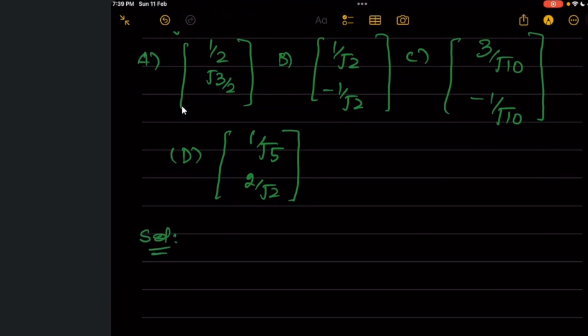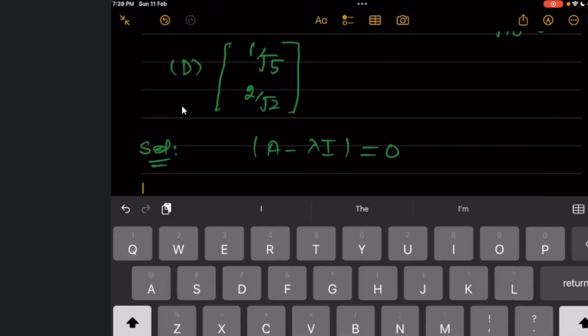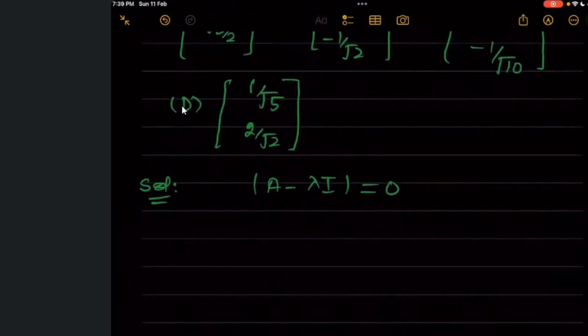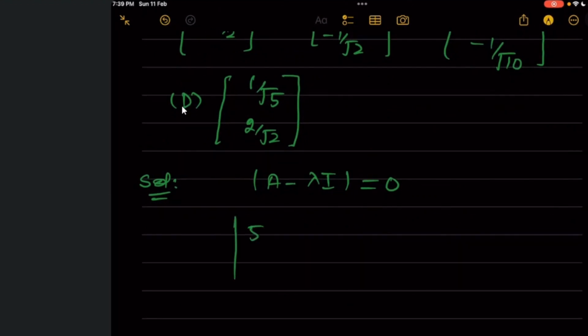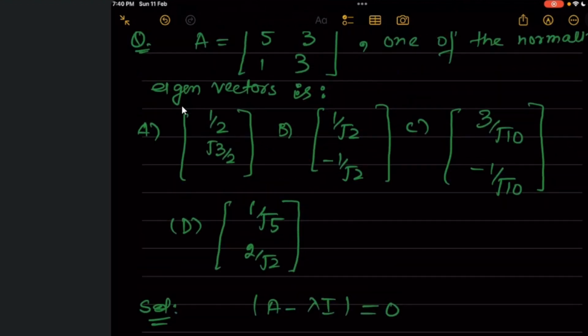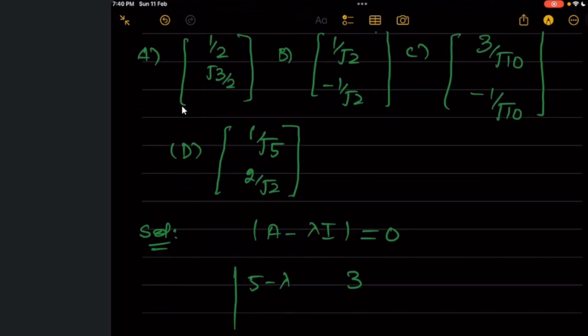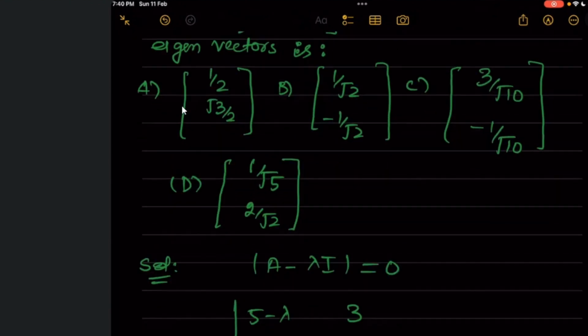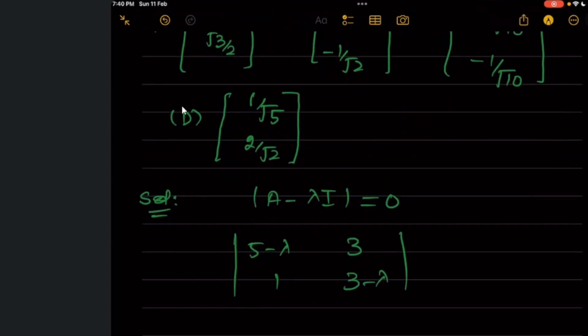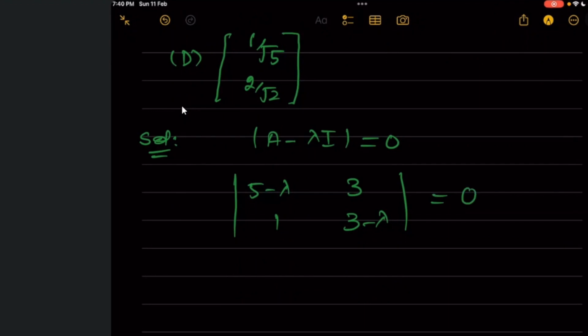So, first of all, you have to find the eigenvectors, which you all should know how to find. First, we will get the eigenvalues from this equation. So, help me with this. This will be 5 minus lambda. This will be 3. This will be 1. This will be 3 minus lambda. And it is going to be (5 minus lambda)(3 minus lambda) minus 3 equal to 0.